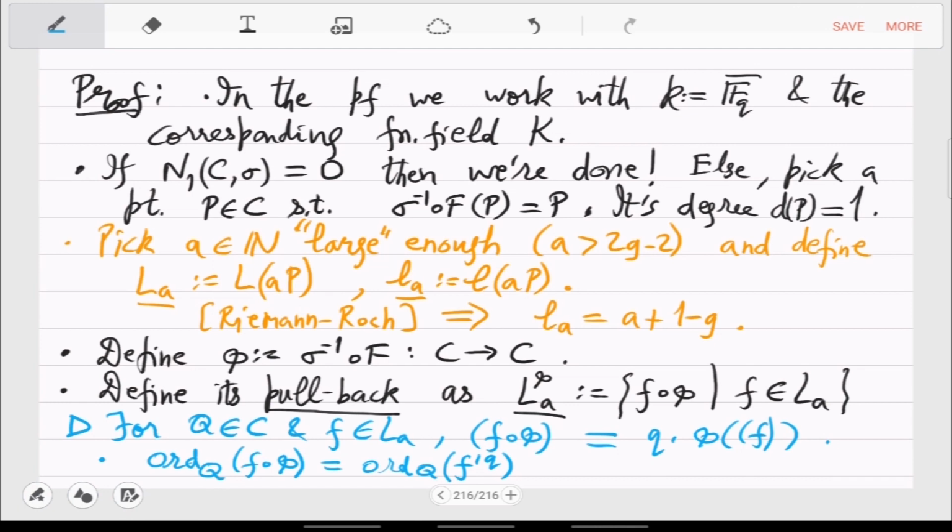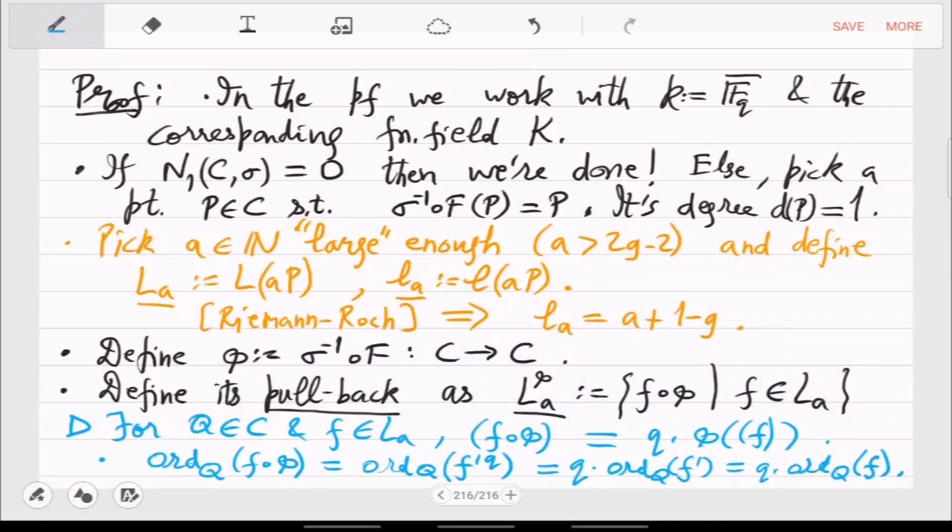And this basically gives you the multiplier Q. That is what has happened.